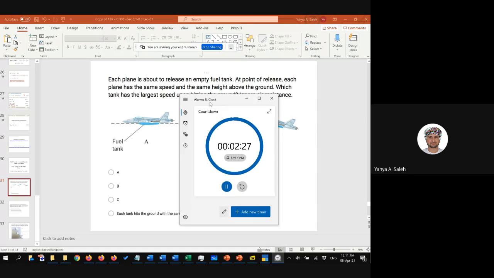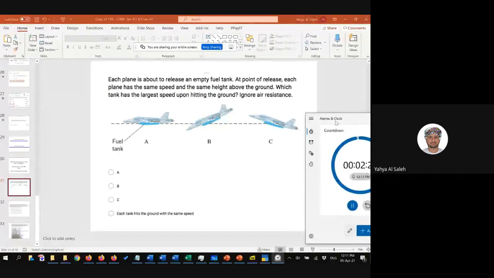We have 3 planes flying at the same level, at the same speed, at the same height. And they release tanks, each in a different position. If we ignore air resistance, which tank has the largest speed? Now remember, the only thing here acting on them is gravity. There is no engine in the tank or anything.